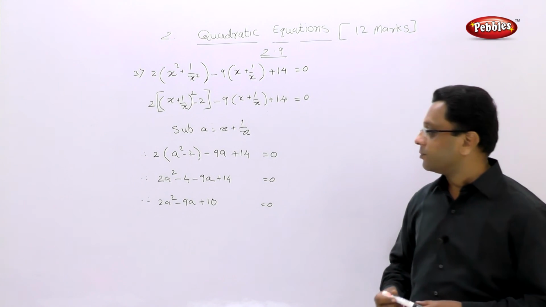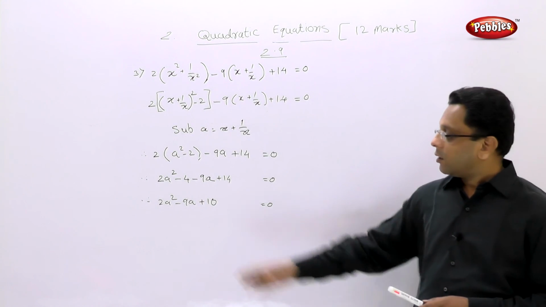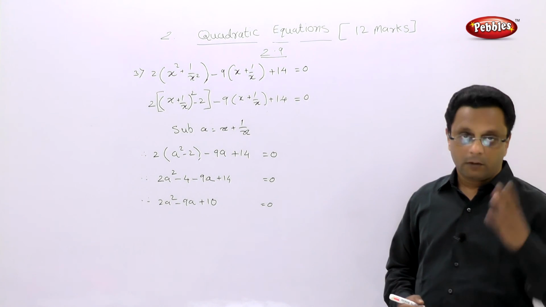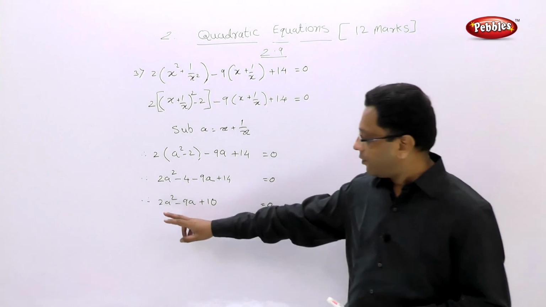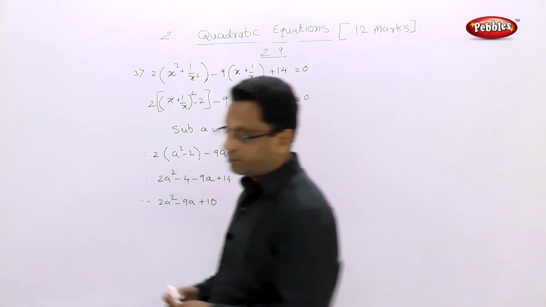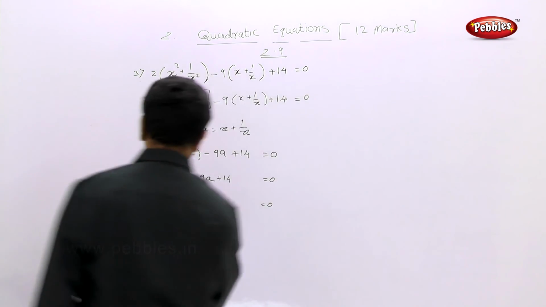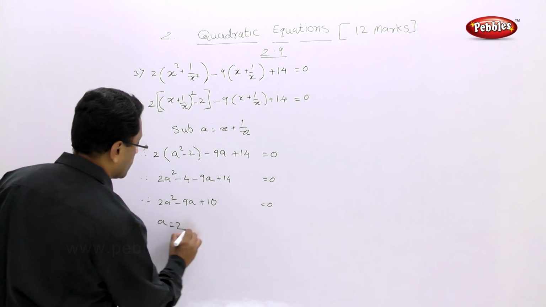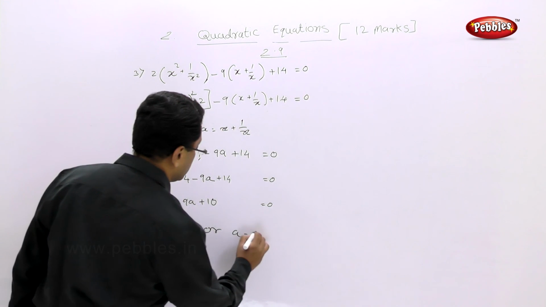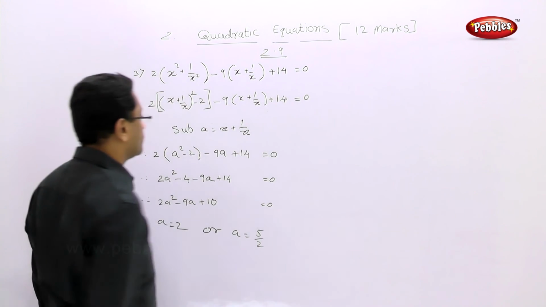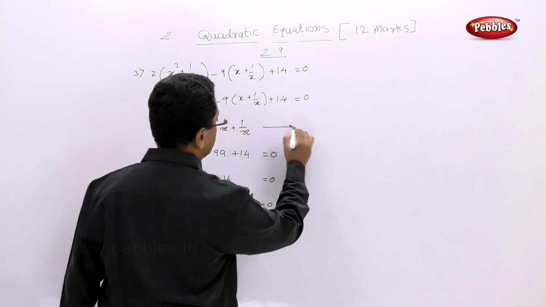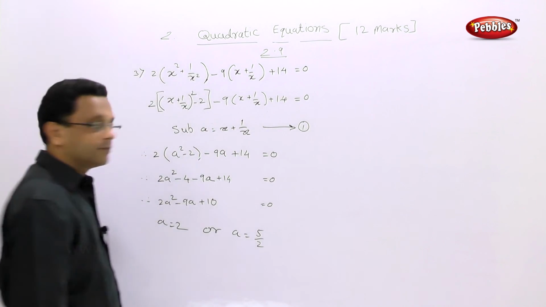Now this is simple. Now pause your video and solve this to find a value of a. Pause your video now. A is 2 or a is equal to 5 by 2. Now you have to substitute this value in the equation 1.